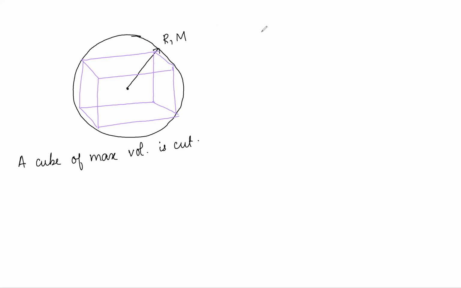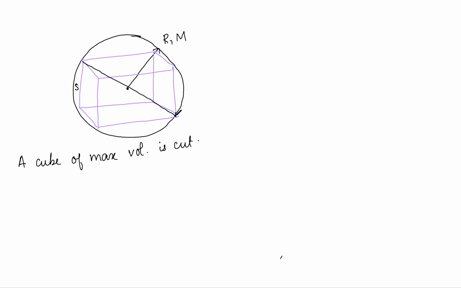Keep in mind, if you're trying to cut a cube of maximum possible volume, there can't be many cubes, because the cube has a very unique property that all the sides have to be equal. So the simplest thing you have to do is, let us say the side of the cube is S. What is the diagonal of the cube?